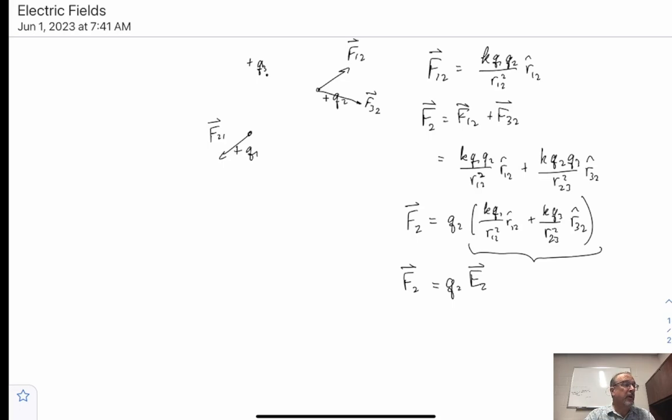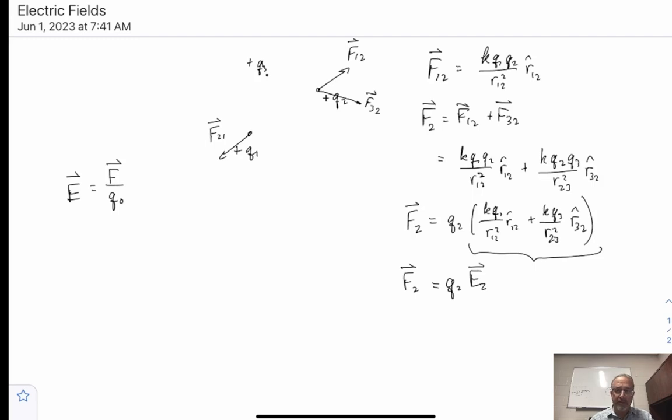And so the electric field concept is really best defined by taking the Coulomb force and dividing it by the charge, which is kind of what you might define it as. E is equal to F over Q. A lot of times you'll see this written as Q0 because that charge may not actually exist. It's sometimes called a test charge.